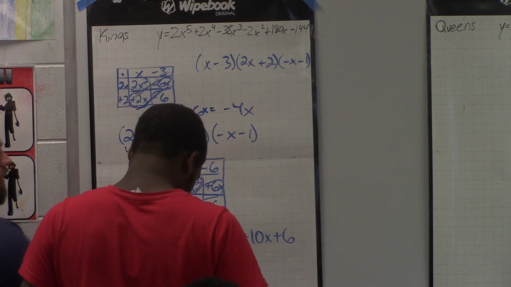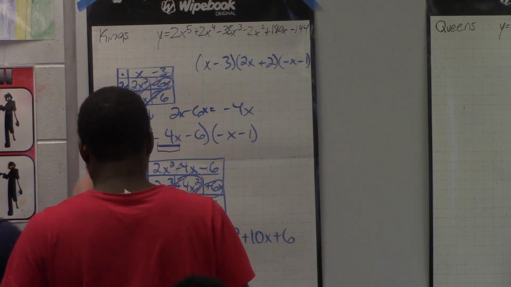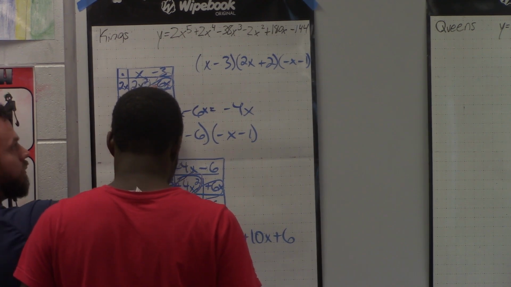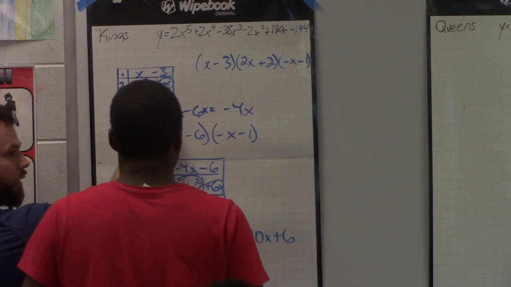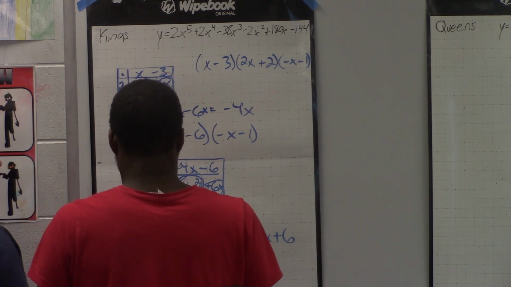So now I simplify it. Use a calculator if you need to: 2 minus 6 is negative 4.